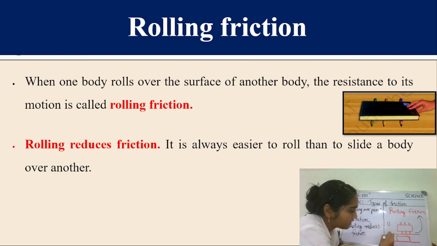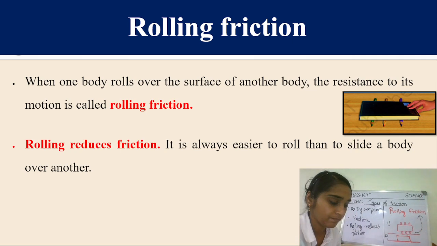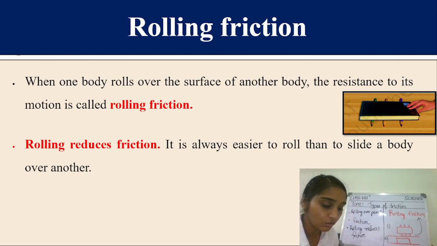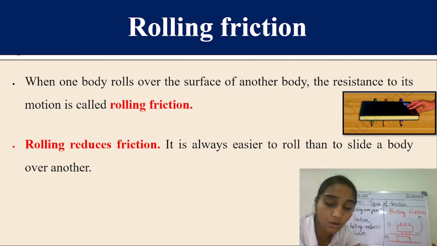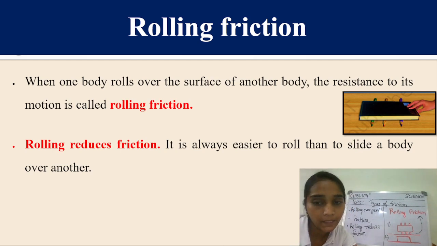In the first or in the second? Very good students. Definitely in the first the friction will be less because of the rolling wheels, right? Very good. So it is always easier to roll than to slide one body over another.